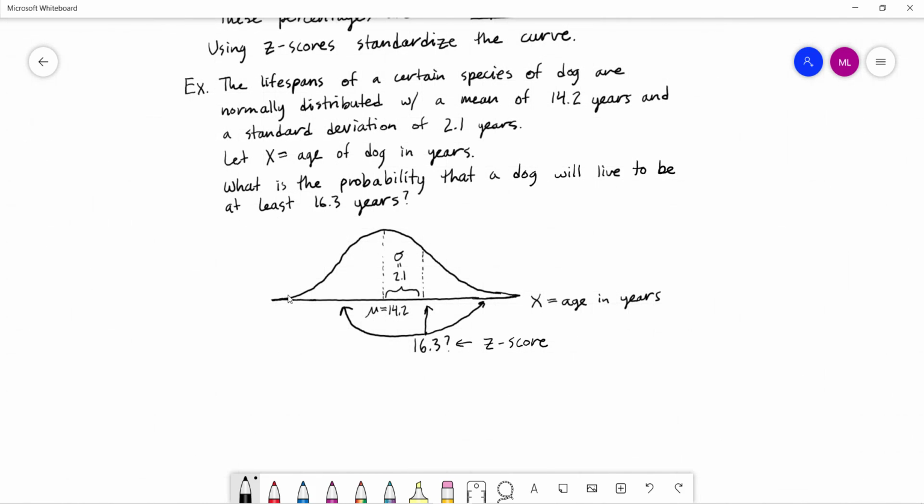As opposed to the graph that we've got here where the middle is 14.2, and if you go 2.1 more than that to get this value right here, now we're at 16.3 when I add those numbers together, which incidentally is the number we were interested in.